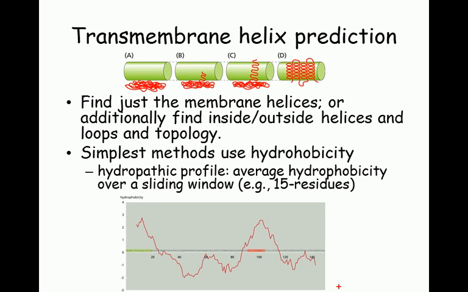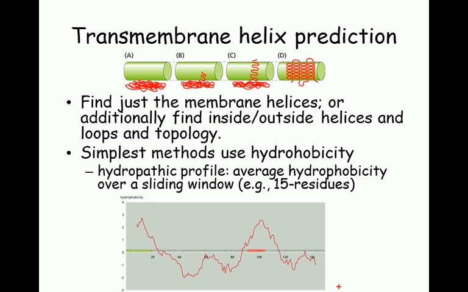A way to predict transmembrane helices is by just looking at how hydrophobic things are. Right? So membrane is a hydrophobic structure, and if you force a hydrophilic amino acid in there, it's going to have a high energy. It won't like being in the membrane.